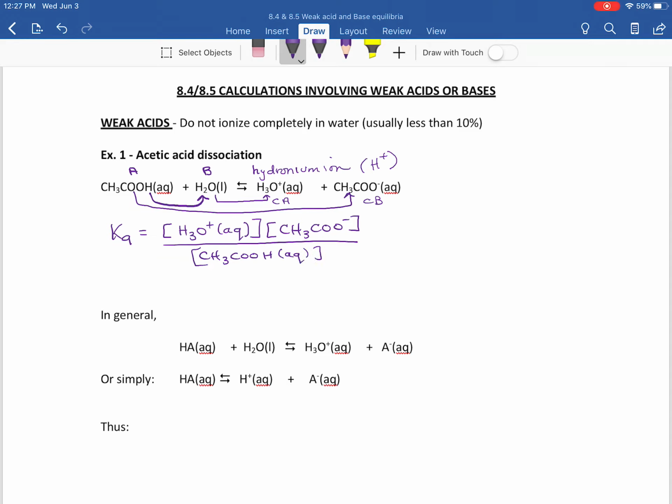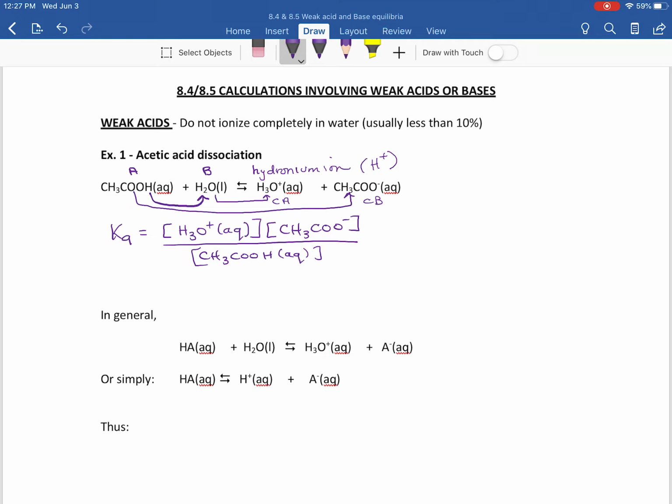Now, I'm not going to include that water because, don't forget, water's a pure liquid. Its concentration does not vary, and for that reason we don't include it in the Ka equation. This is a lot of the reason why we normally don't put water in, and we consider our hydronium ion a proton, because if you take water out of the equation, then you can just say you added a proton.